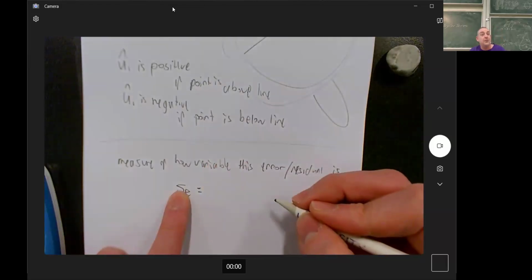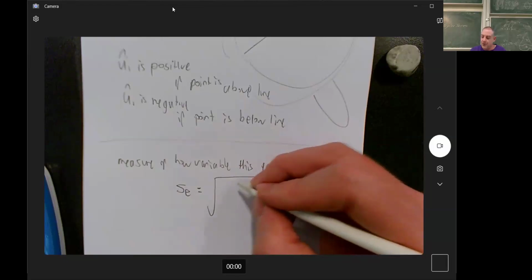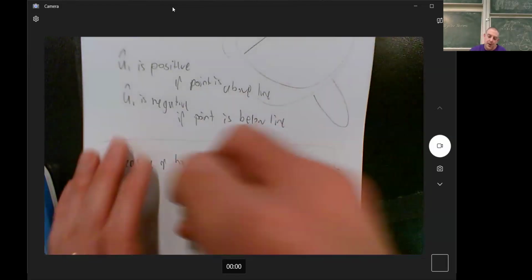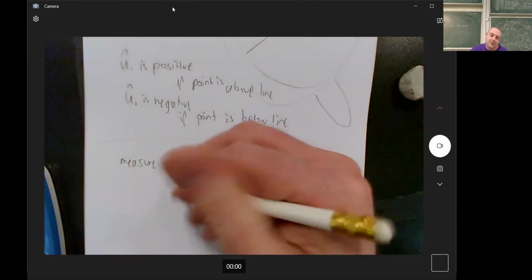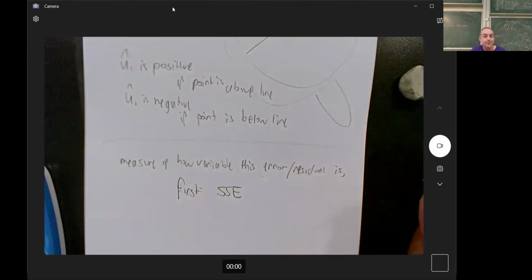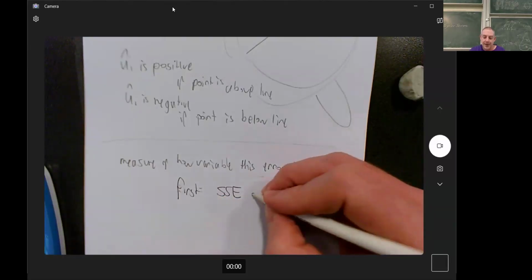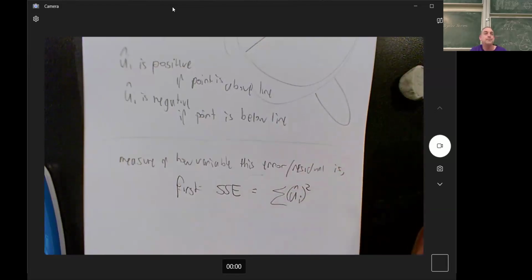It's a standard deviation, sort of. First, find what they call SSE, which is the sum of the squared errors, and that is literally the sum of the u_i hats squared.